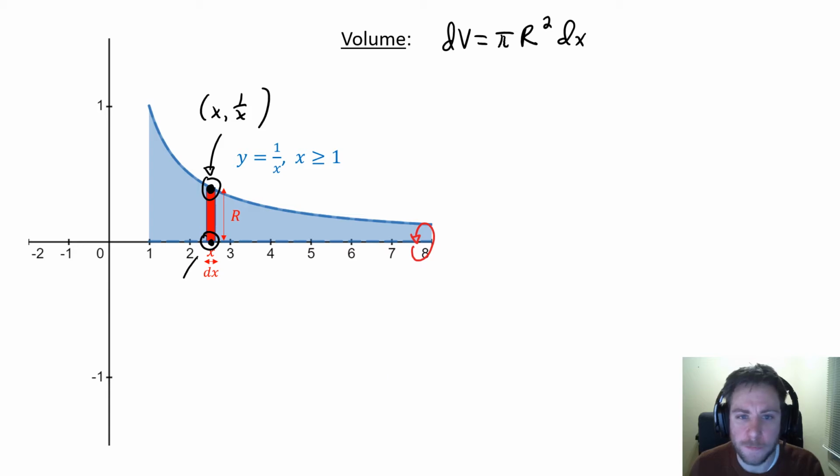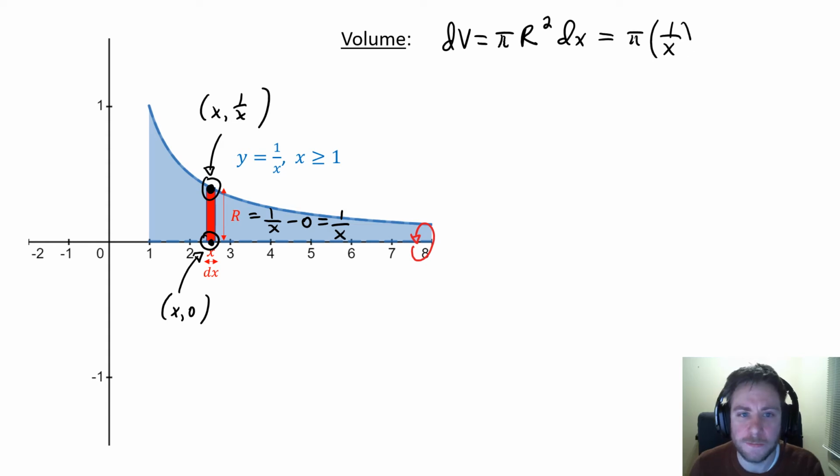And for the point at the bottom, the x-coordinate would also be x. That's the same x value that was used to position our rectangle. And since this point is on the x-axis, the y-coordinate would be 0 there. Since r is a vertical distance, it can be found by subtracting the y-coordinates of these two points, and that simplifies as 1 over x.